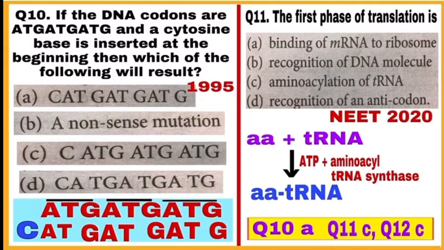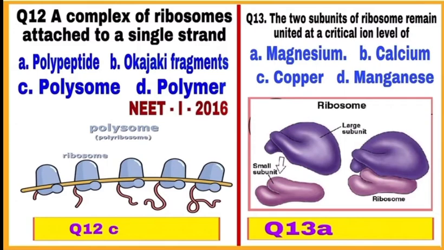This process is completed in the presence of an enzyme called amino acyl transfer RNA synthetase. So the correct answer is C. The first phase of translation is amino acylation of transfer RNA. Mark C as the correct answer.